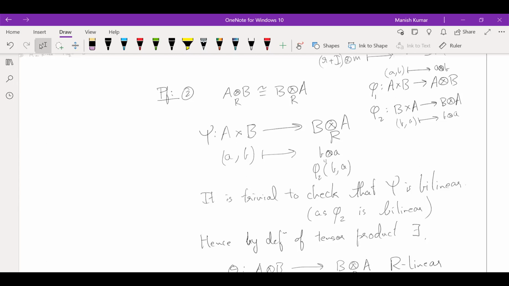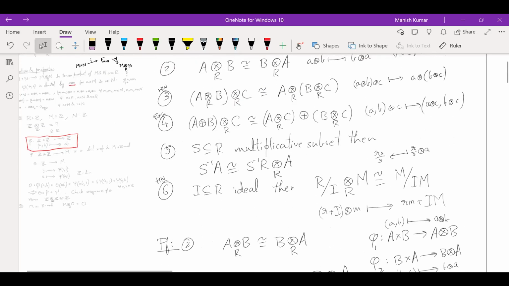Giving a map from a tensor product of 2 modules to another module is equivalent to giving a bilinear map from the product of those 2 modules to that third module. Because the universal property says that if you have a bilinear map, then there is a unique map from the tensor product to that module which will make that diagram commutative.